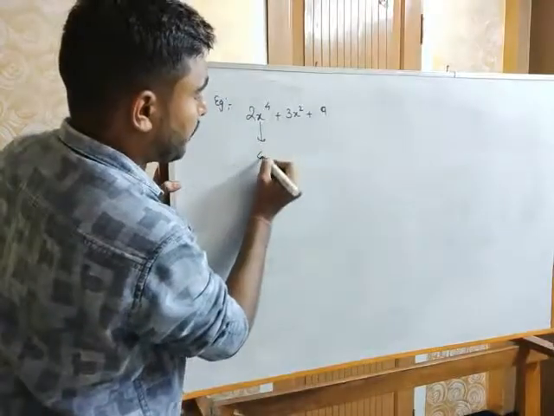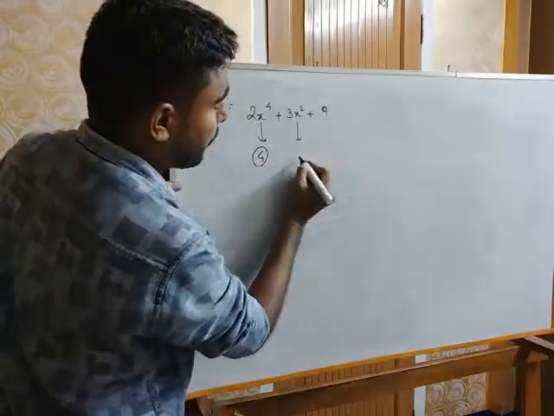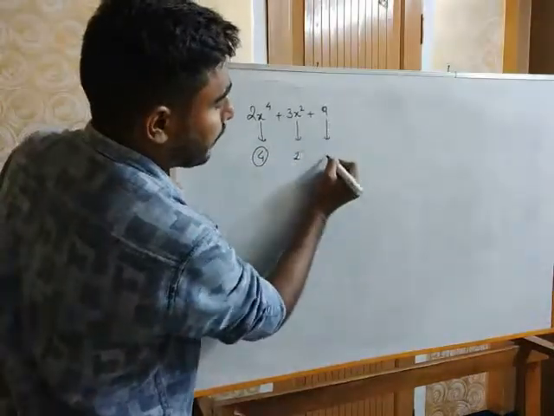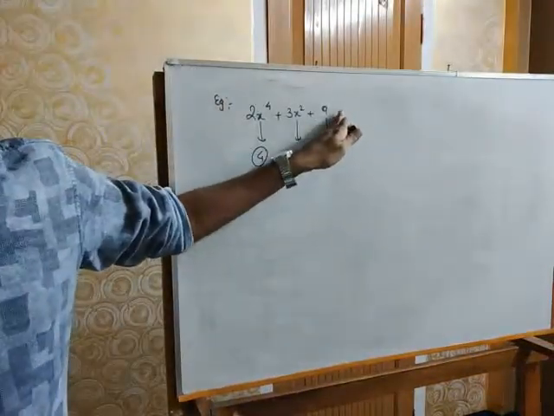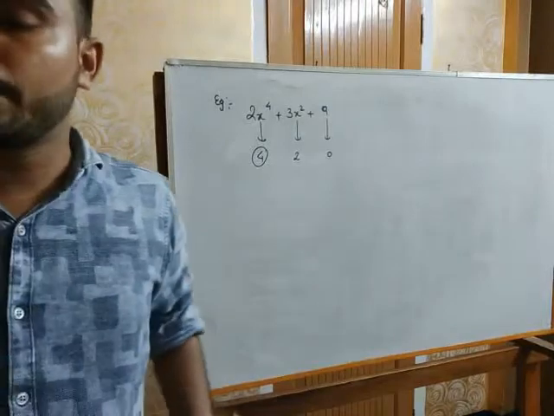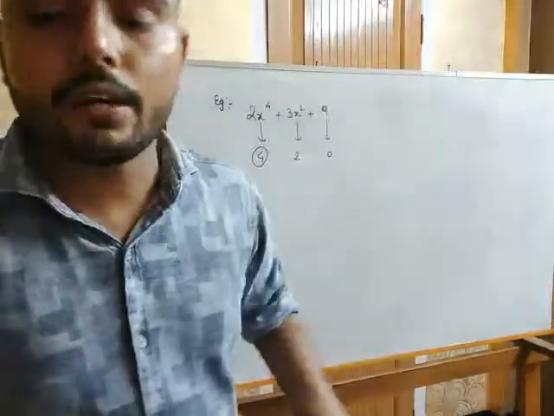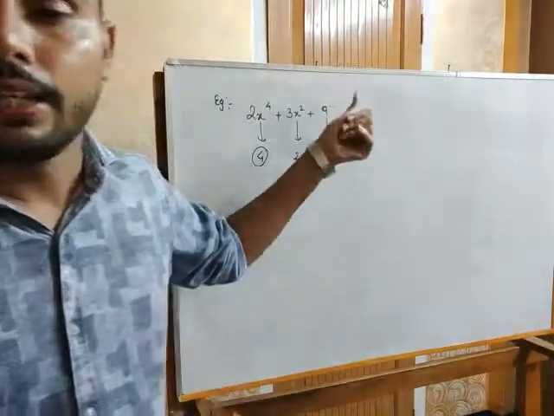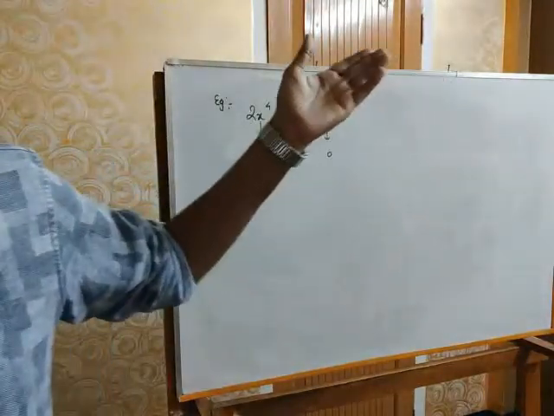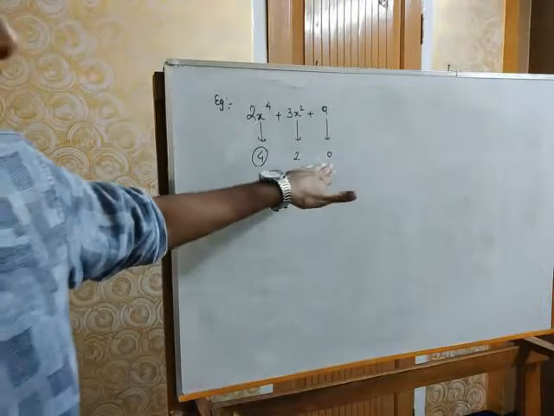What is the power of x here? 4. Here the power of x is 2. Here there is 9, a constant polynomial, and the power of a constant polynomial is 0, as I just explained, because a variable can be eliminated only if the power is 0.